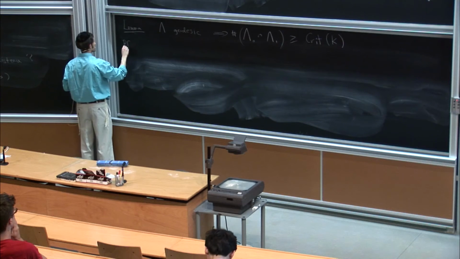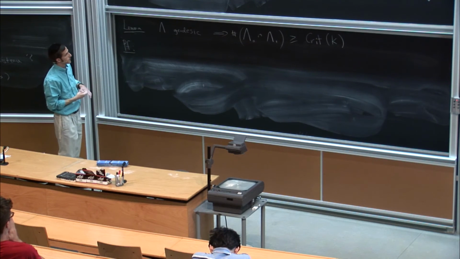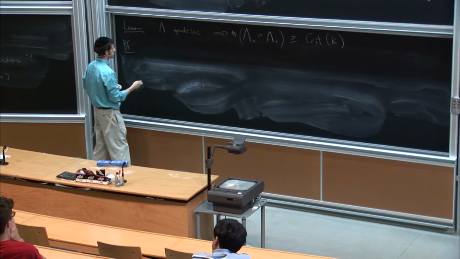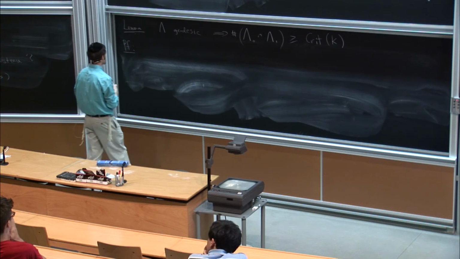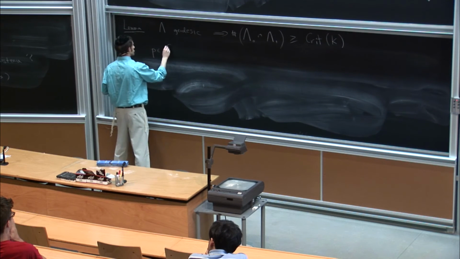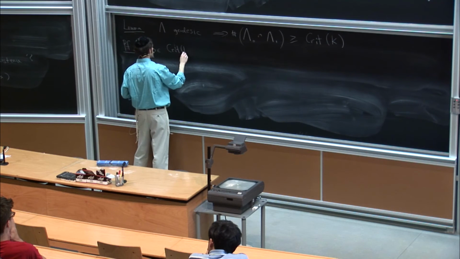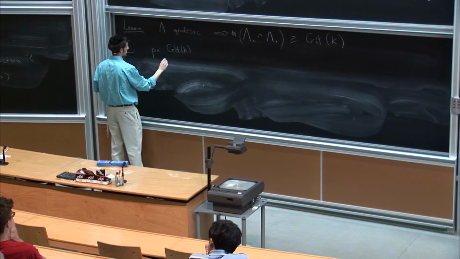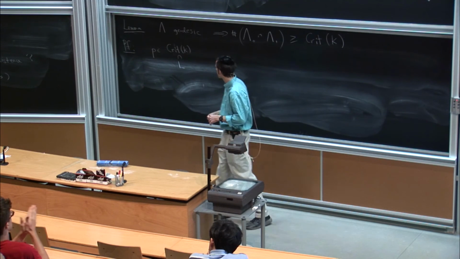Okay, so, proof. Well, let's suppose that p is a critical point of k. So this is going to be inside of this domain for the parametrization.